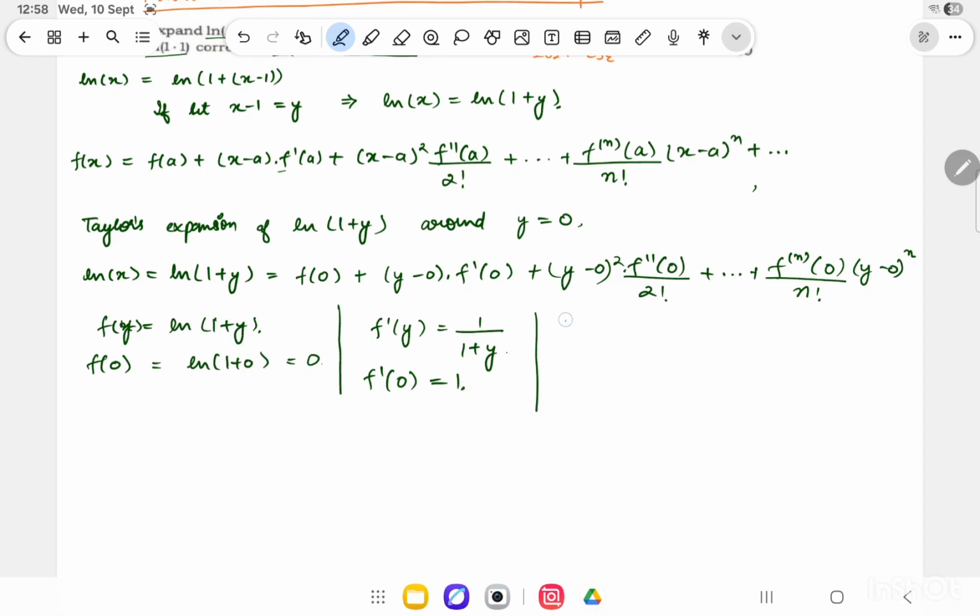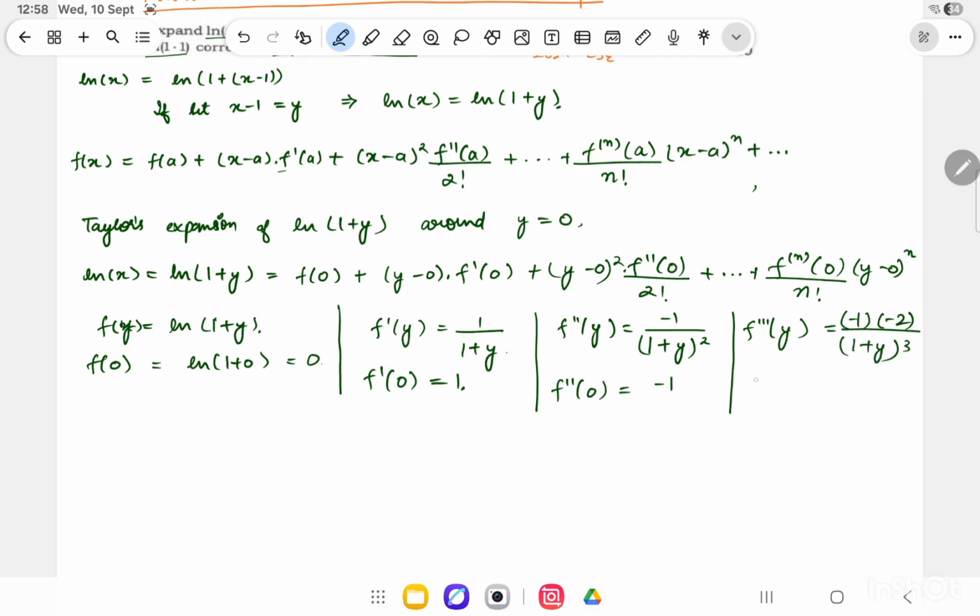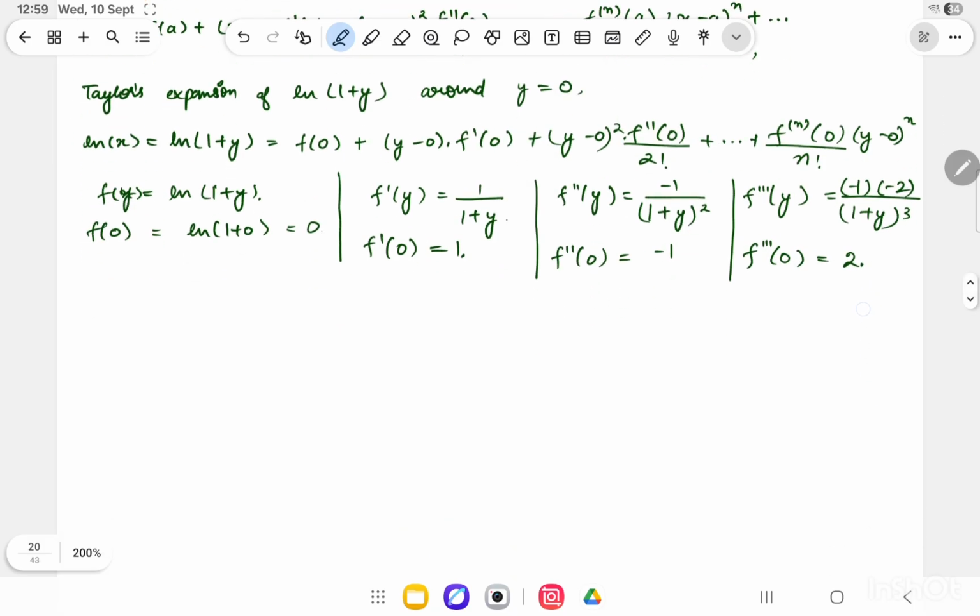Likewise, the second derivative will be minus 1 over (1 plus y) square, and its value at 0 will be minus 1. The third derivative of f will be minus 1 into minus 2 divided by (1 plus y) cube, and its value at 0 will be 2.